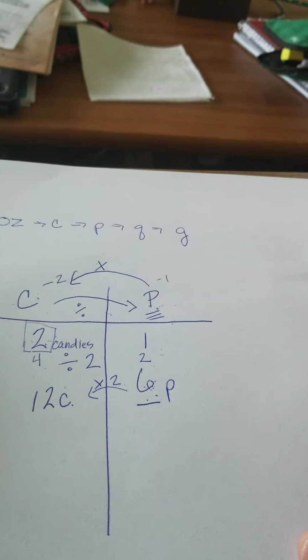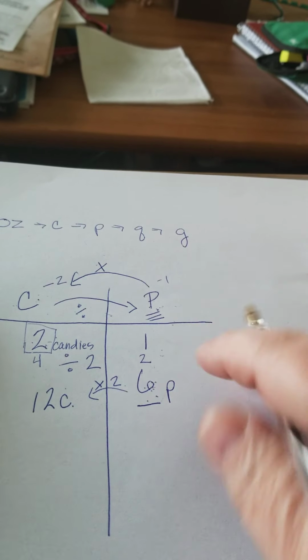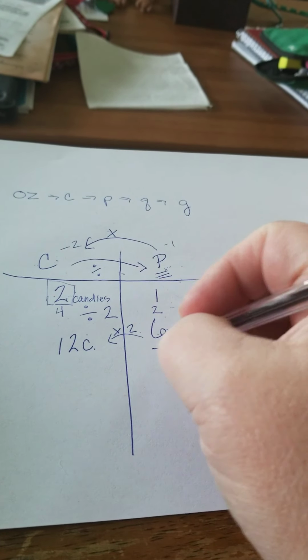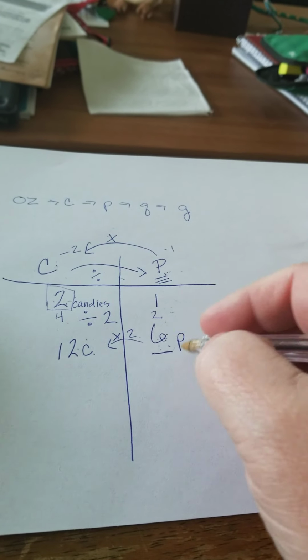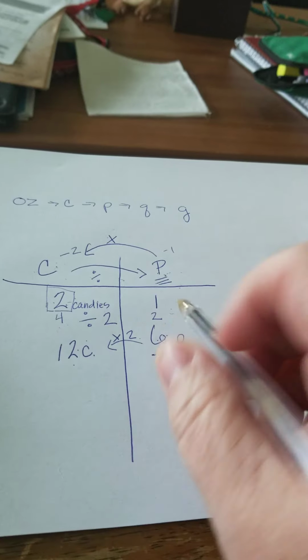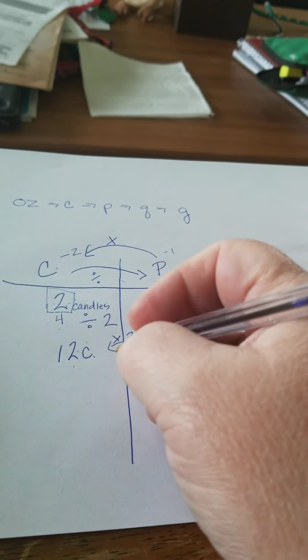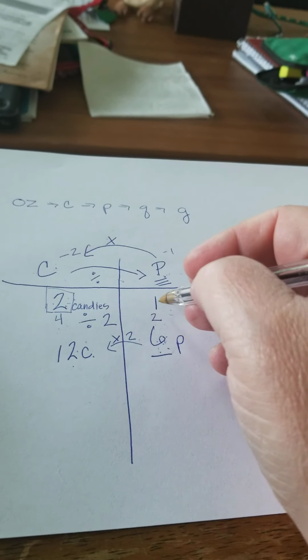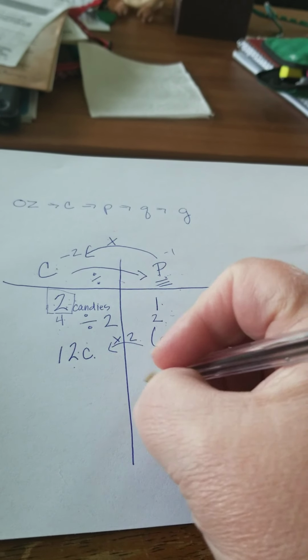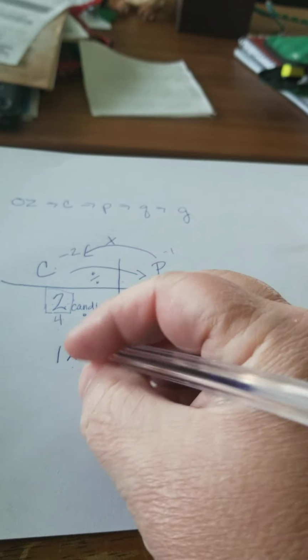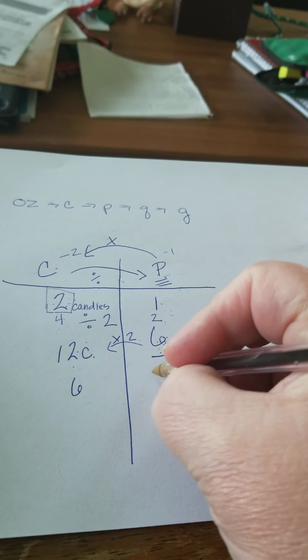And I can always double check. I can go into that multiplication mode, going from pint to cup, or division from cup to pint. And I can go down. So I had 2 cups, 1 pint, 4 cups, 2 pints, which means 6 cups are in 3 pints.